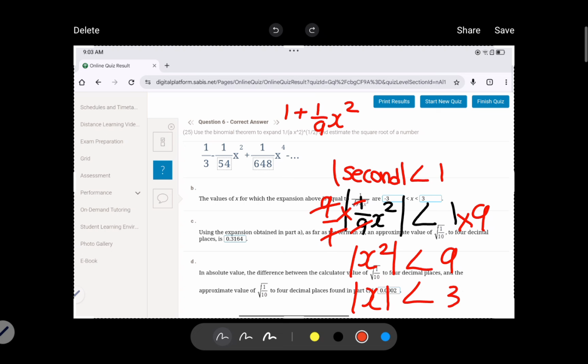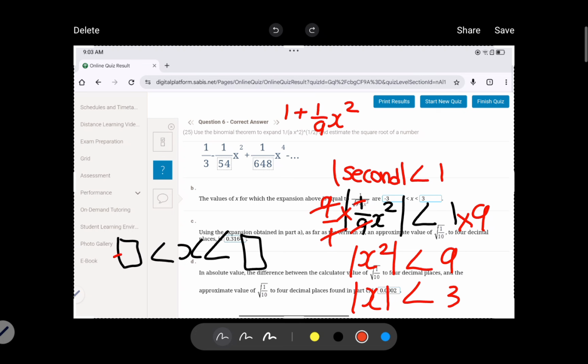Now this is what you're going to have to do. Always remember this: the negative number will have to be on the left and the positive number will have to be on the right. Or just memorize it like this: box less than x, and then x less than box.